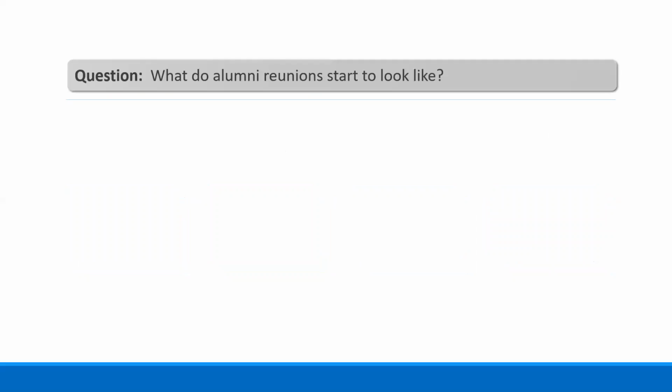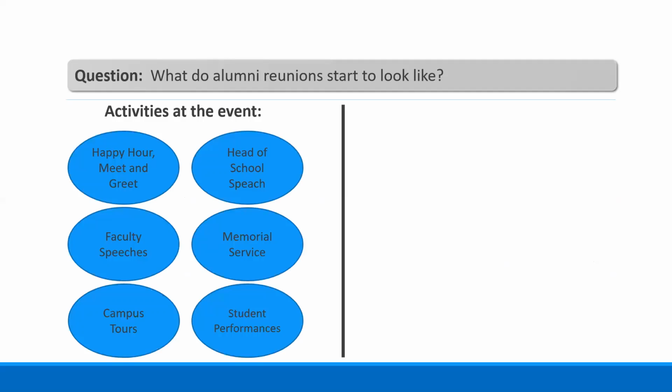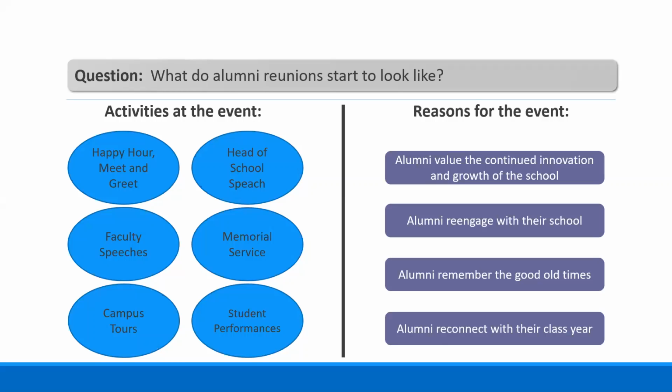We had a question submitted during registration about what do alumni reunions start to look like. So in the context of this first exercise, what you first start to do is capture all of those activities of the event, whether there's that head of school speech, maybe you have a memorial service and that moment of silence for those you've lost, campus tours, faculty speeches, happy hour, you name it. You also want to capture the elements of why you have alumni attending.